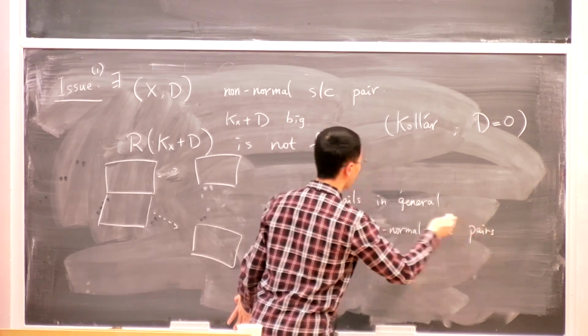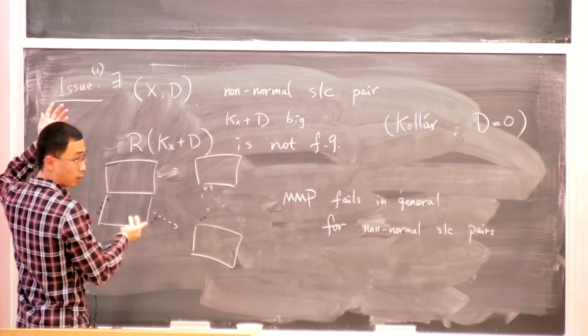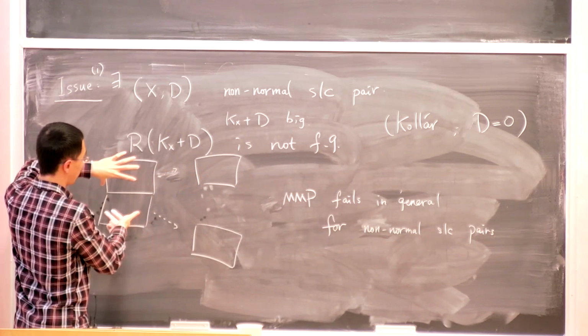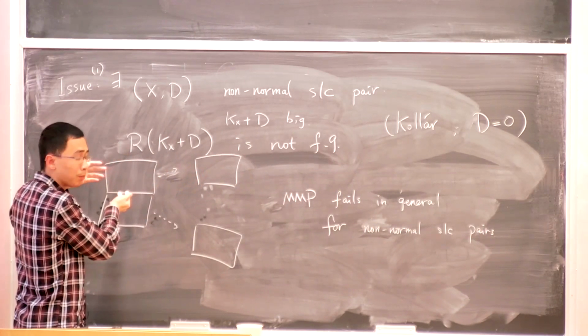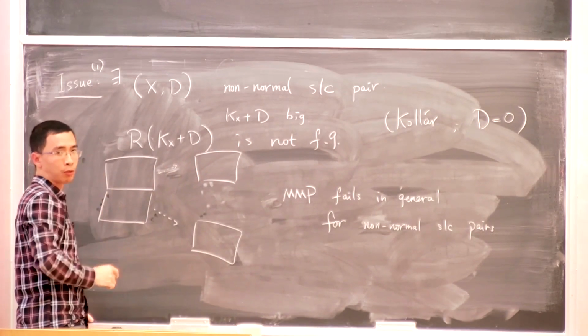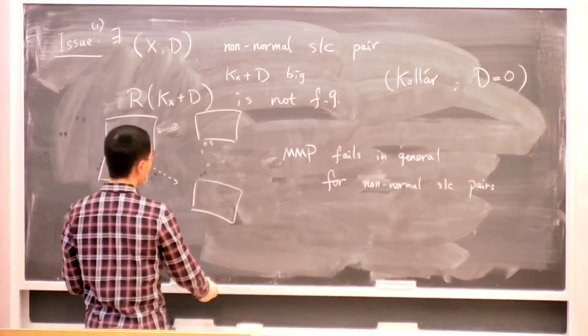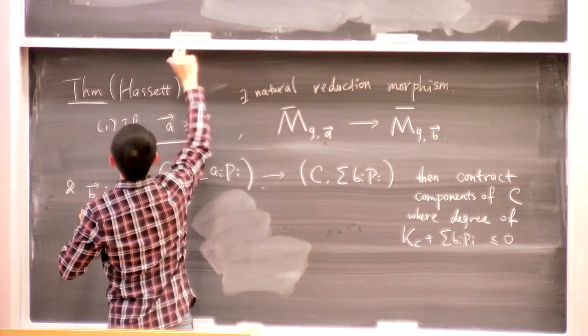I don't have an explicit example, at least not off the top of my head, where the MMP fails for an irreducible but not normal pair, but again, I would expect that something like that would happen as well. Okay, so right, that's the first thing that we have to deal with.